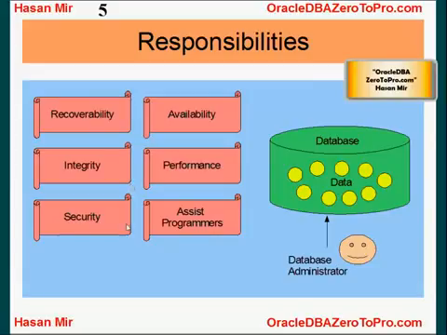Security is also the responsibility of a DBA, that only those people who have privileges are accessing the database. Only those applications that have privileges are accessing your data, and only that part is accessible that has been allowed by the administrator to certain applications or users.